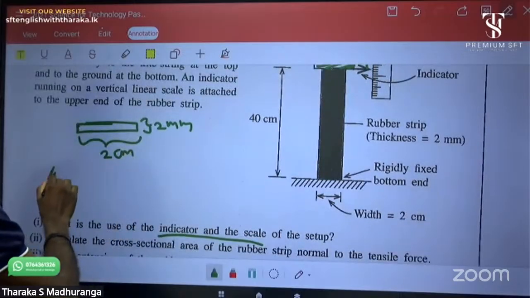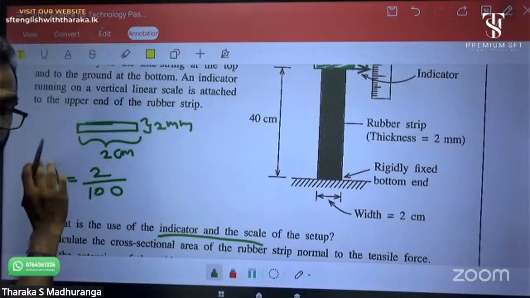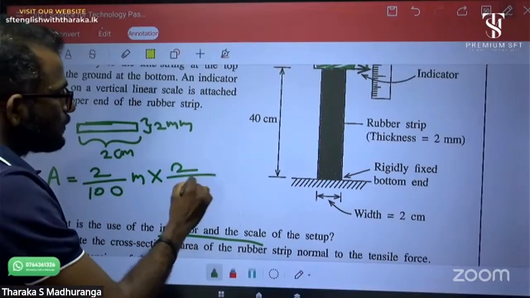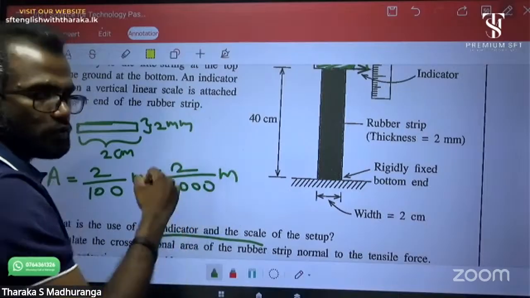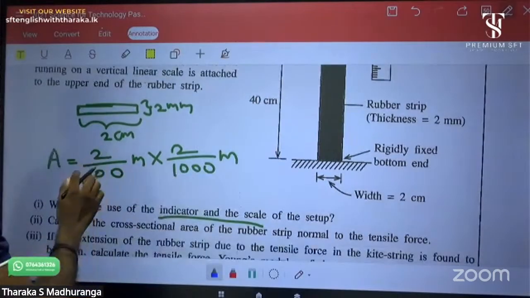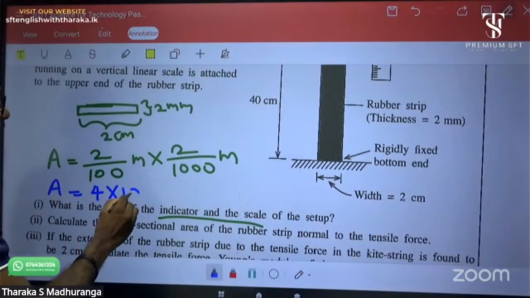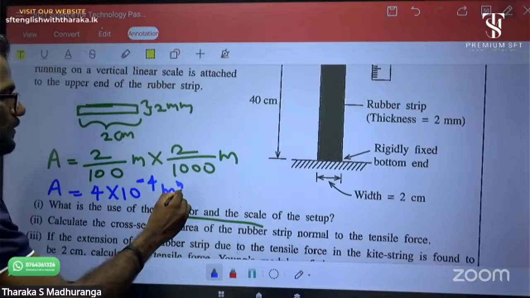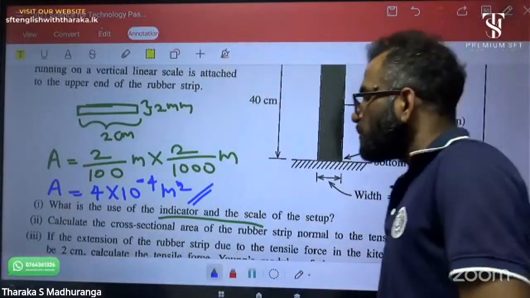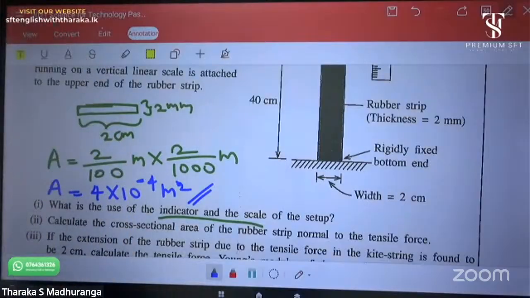The area equals 2 divided by 100 to convert the width into meter, then the thickness 2 divided by 1000 to convert millimeter into meter. Then the area equals 2 into 2, 4, into 10 to the power minus 4 square meter, or 4 divided by 10,000.